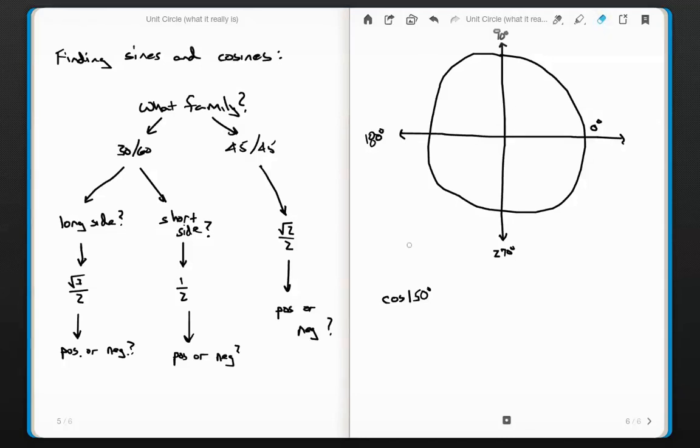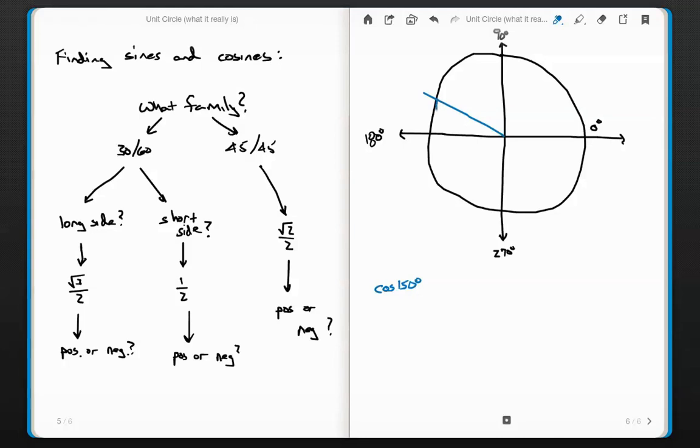Actually, I'm going to do this in color, so we can keep track of these things. We'll do the first one in blue. All right, so we want to find the cosine of 150 degrees. So I'm going to sketch that over here. It's not critical where I sketch it.